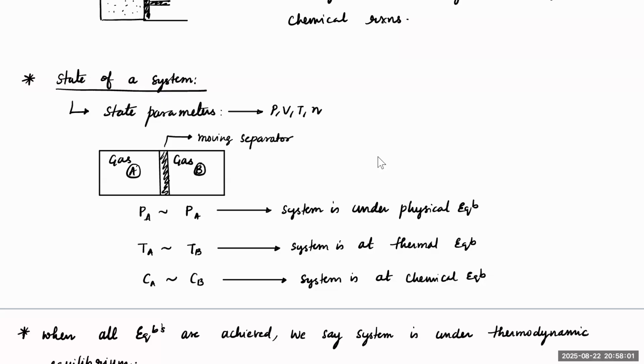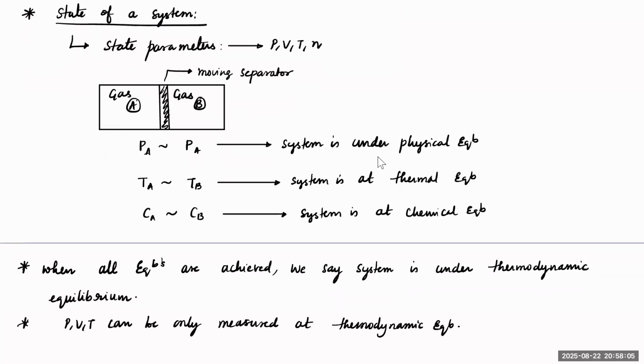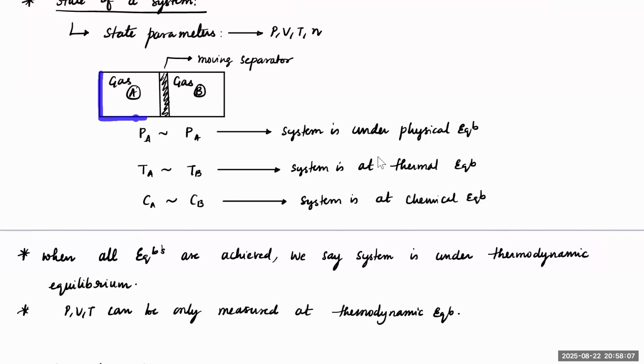To do that, we are trying to come up with another case here, wherein we take one ideal gas in a container and we take another ideal gas in the same container, and both of them are separated by a moving separator. Okay, so that means it can be like a moving piston in a compartment.